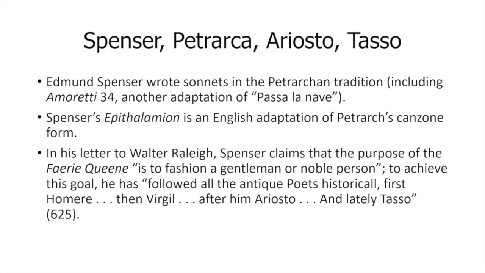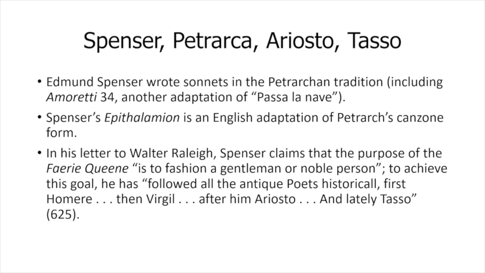So the goal of the text is ethical, not aesthetic, or even necessarily political, at least at first. The primary goal is to morally influence somebody so that they become a gentleman. To achieve this goal, he has followed the antique poets, first Homer, then Virgil, after him Ariosto, and lastly Tasso.